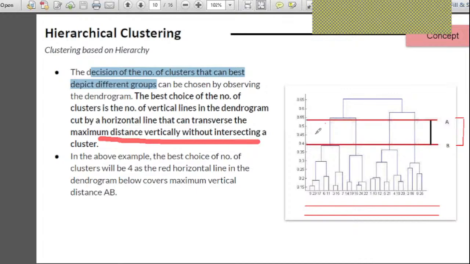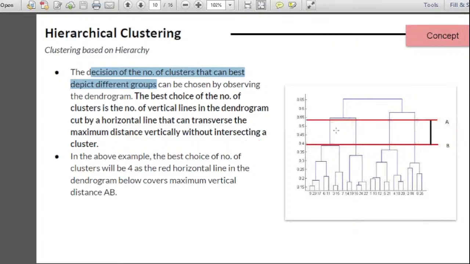So these dendrogram vertical lines, these two lines intersect. That will give me my number of clusters. That can be optimal. Are you getting this? The best choice of the number of clusters is the number of vertical lines in the dendrogram cut by the horizontal line that can traverse the maximum distance vertically without intersecting a cluster.